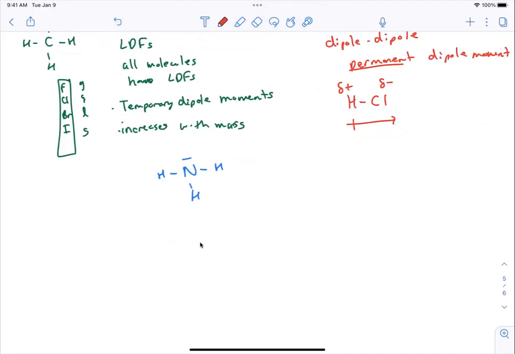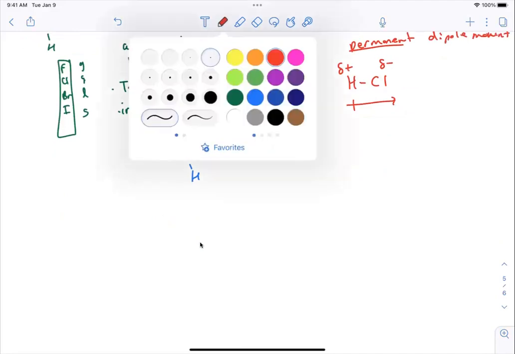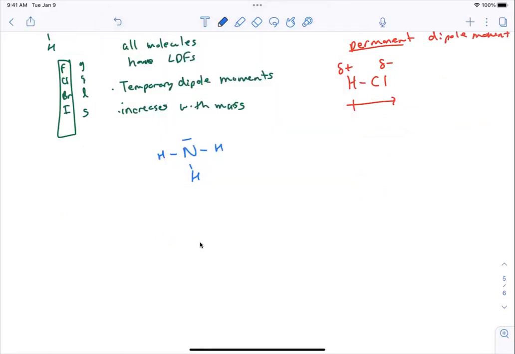Gas, liquid, solid. That's the state of matter at room temperature, just to reinforce the idea that as molecules get more massive, the IMFs get stronger. Hydrogen bonding is a unique, stronger dipole-dipole. It's still a dipole-dipole, but a very increased one, which we call hydrogen bonding.